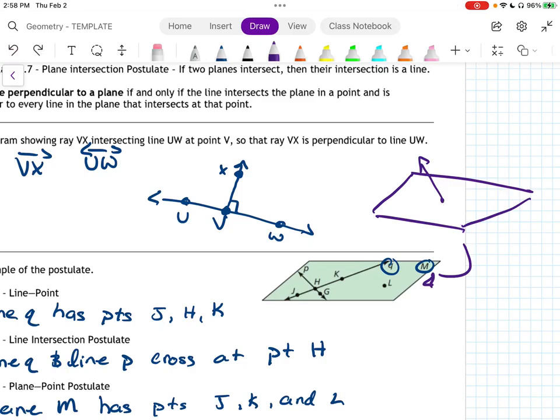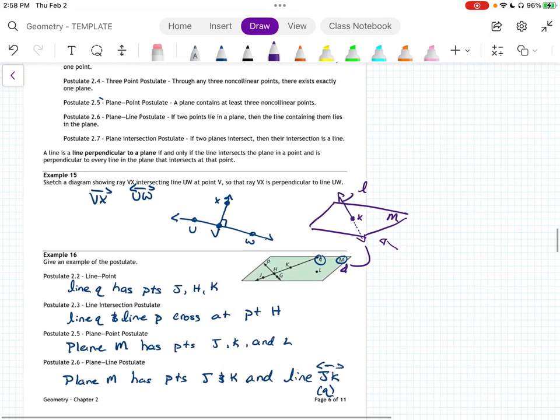Oftentimes, if it's below the plane, you kind of think about it being a dotted line. You're welcome to do that. But right there, I have plane M, with a line, we'll say line L, and it crosses at point X, right? That's what I drew there. It's not perfect, and it's not meant to be perfect, but just do your best. All right, there we are. That's section 3.